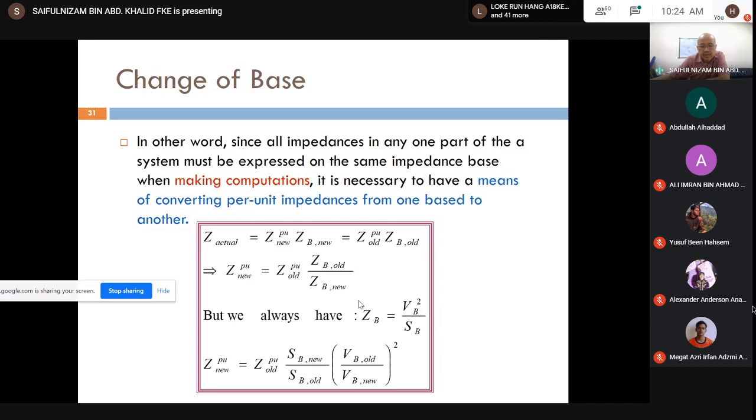From this expression, the base impedance equals the square of the voltage base divided by the S base.